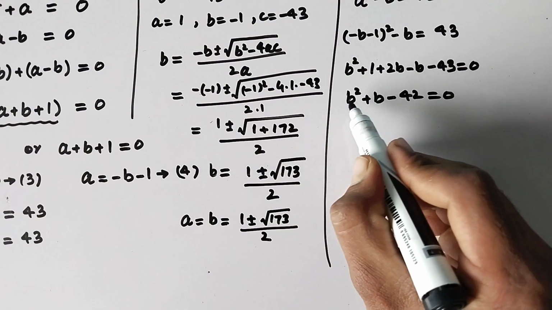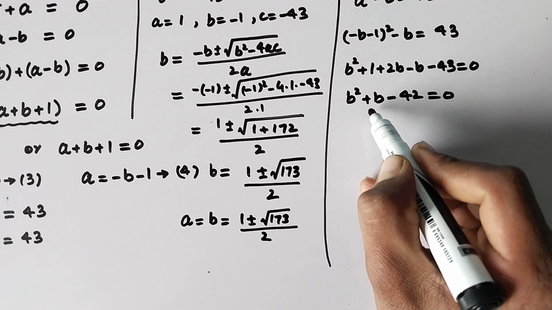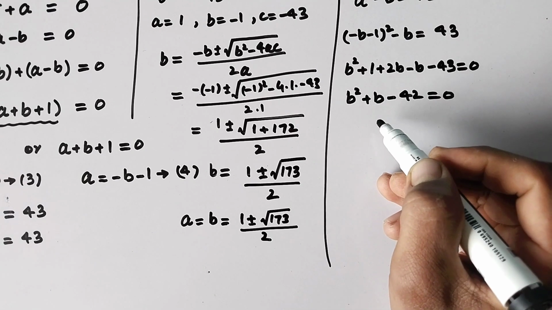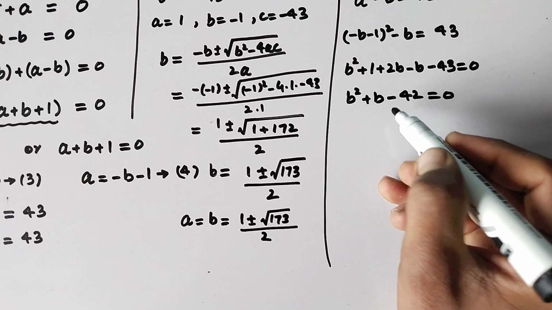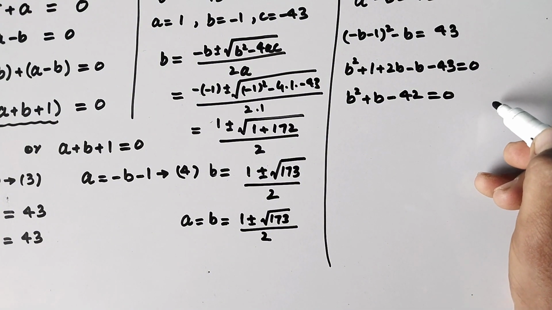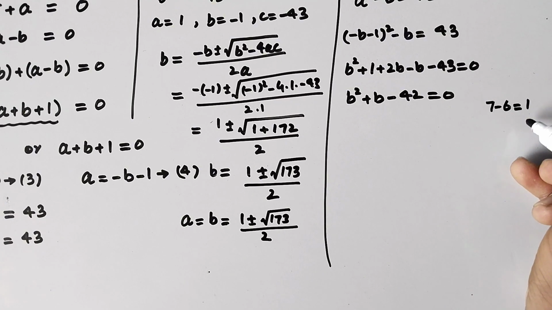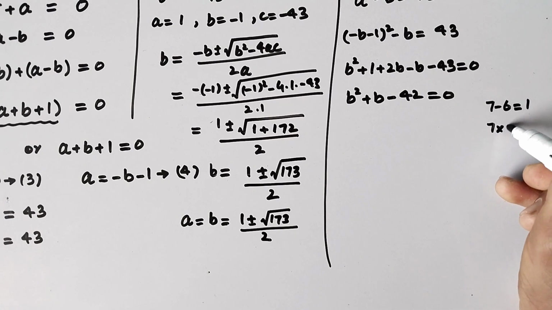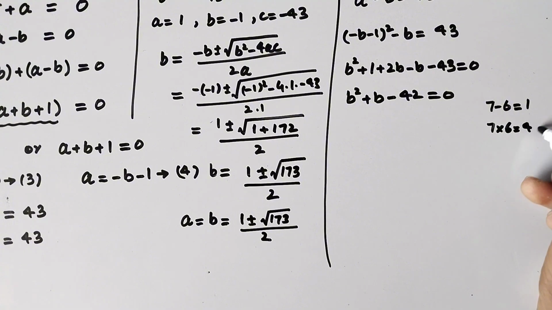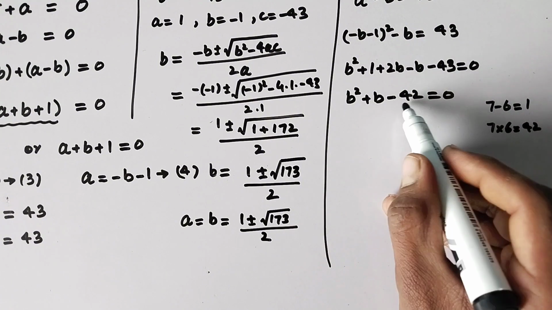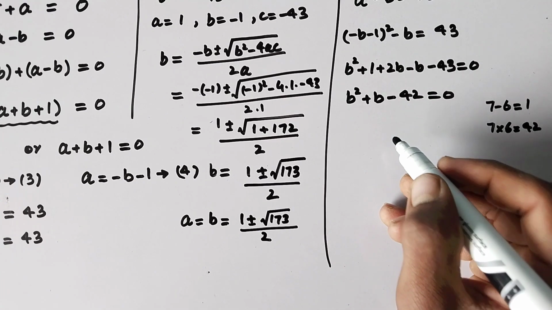And now here again we have a quadratic equation, so we will solve it by factorization. So their factors will be, as 7 minus 6 is equal to 1, and 7 multiplied by 6 is equal to 42. So 7 and 6 are the perfect factors of this equation.